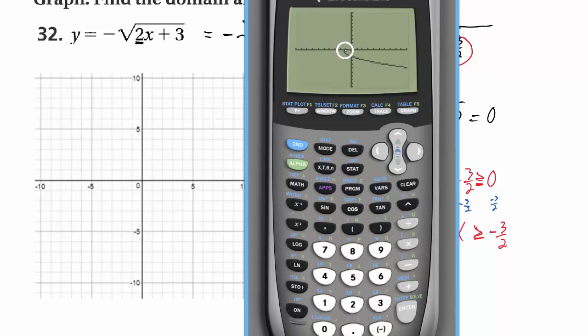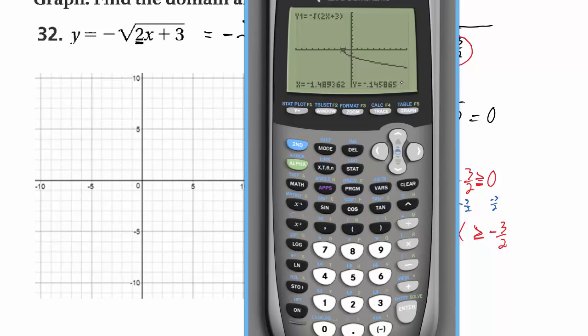So just look at the y values you think you hit. Normally it would be 0 to infinity, but I'm just going to use the trace button to help you see it. So the y values, we can go as negative as you want. If I just keep going to the right, the negatives are just going to obviously get bigger. But what's the number that's going to be the starting point here?